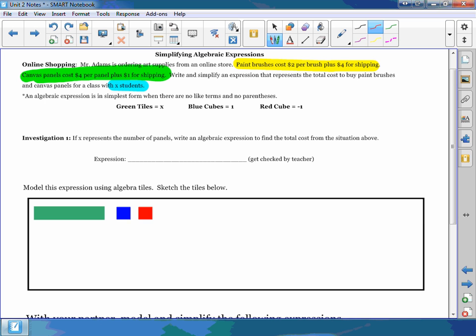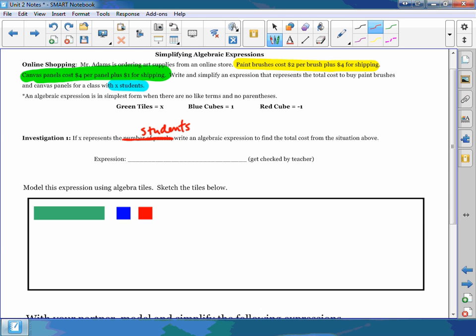Makes sense, right? So it says if X represents the number of panels, and actually there's a mistake here, that should be the number of students. We clarified that earlier, okay? Write an algebraic expression to find the total cost from the situation above. Well, let's break this up into two parts. Let's break it up into the paintbrushes, which is $2 per brush and $4 for shipping. Now that's a one-time shipping fee. You don't have to pay $4 for every brush to ship.